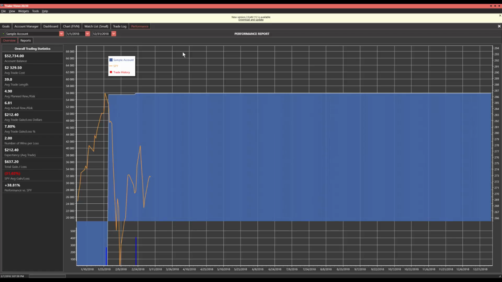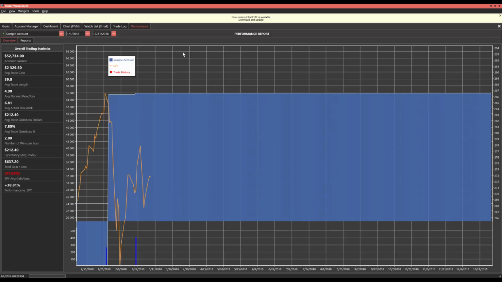So it's not a trade, and so it's not recorded as an average trade gain, or as part of the dollar or percentage gain per trade or loss per trade. Does that make sense?